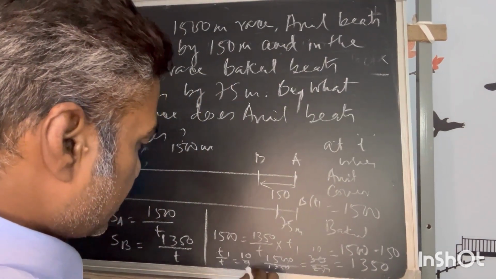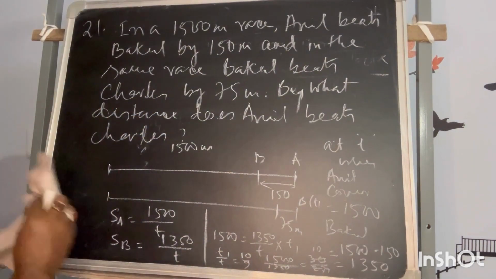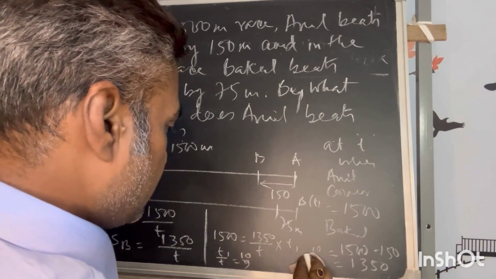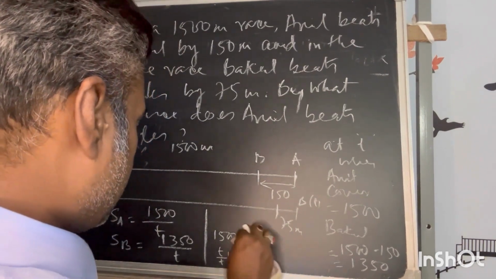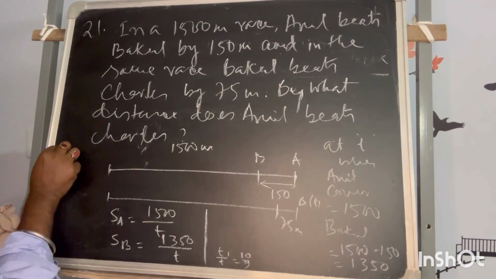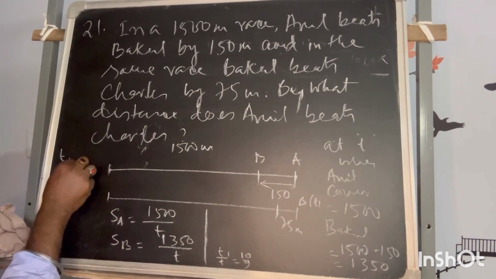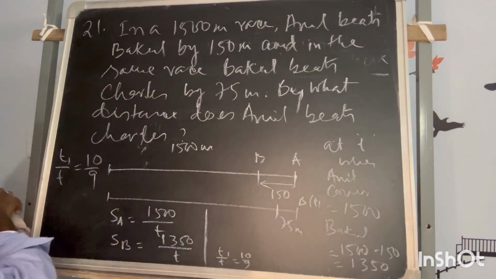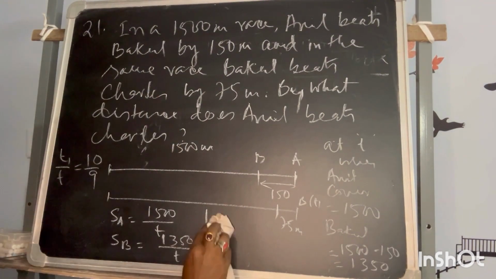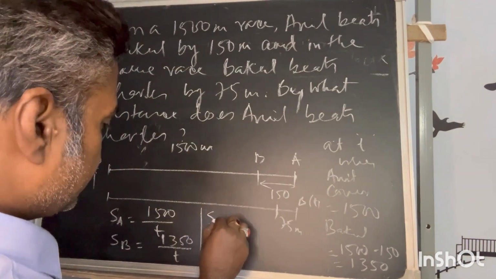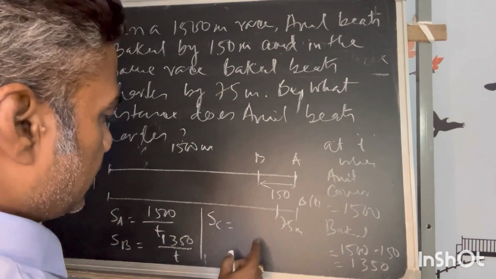Just remember and follow me in what I am doing. I will say why I am doing it and what mistake students may make there. I write it somewhere, t1, this will be useful when I calculate Charles's speed. So now I will consider Charles's speed.